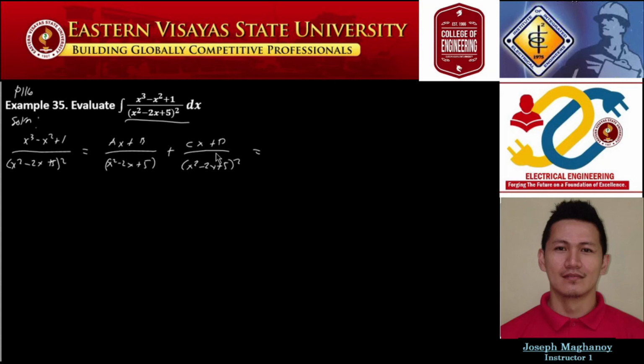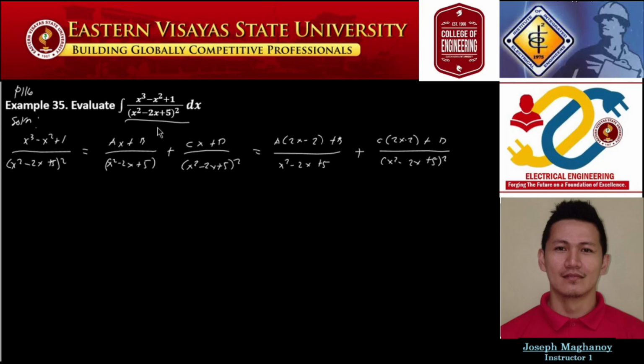So this is a distinct quadratic factor, or we can rewrite this partial fraction, where A x is our first derivative of your denominator. That would be A times 2x minus 2 plus b all over x squared minus 2x plus 5, plus our second term, C, where x is the first derivative, 2x minus 2 plus d all over your quadratic factor, which is x squared minus 2x plus 5 squared.